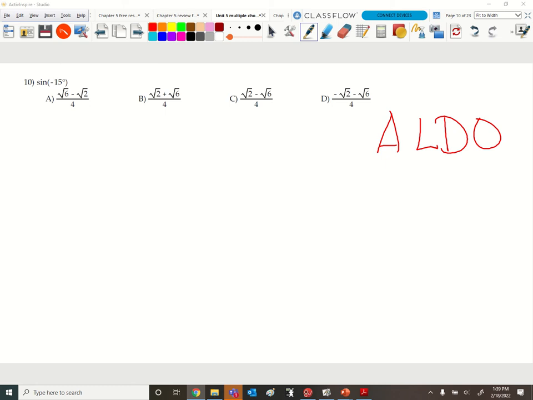What answer did you get? C. Yep. Everyone get C? It's the same answer as the last one. Cosine 255. It's the same answer. Okay.